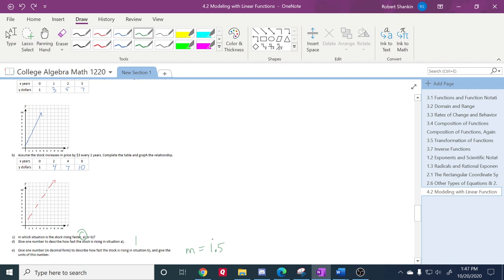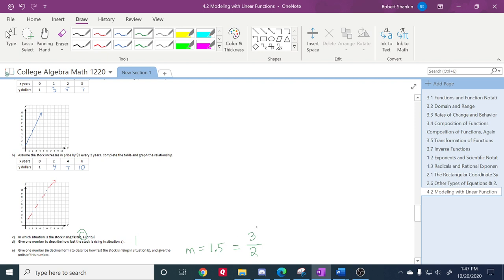The 1.5, so group 2, how did you get the 1.5? We got it because M equals, because it is rising $3 every year, and half of that would be 1.5 because we can reduce it to that. Ah, okay. So it went 3, I think it was the 3 over the 2. And that becomes the 1.5.